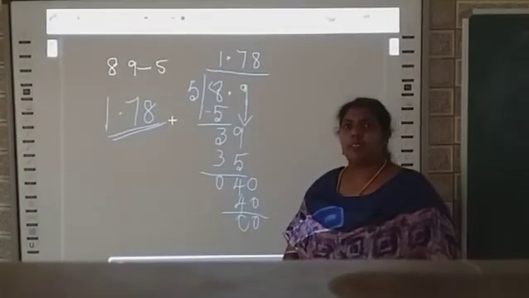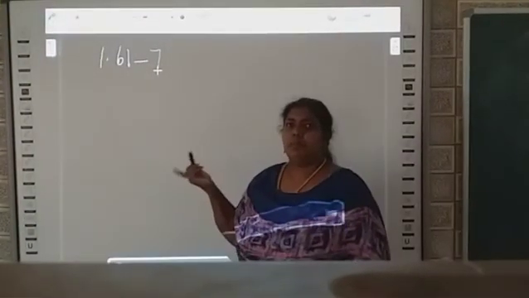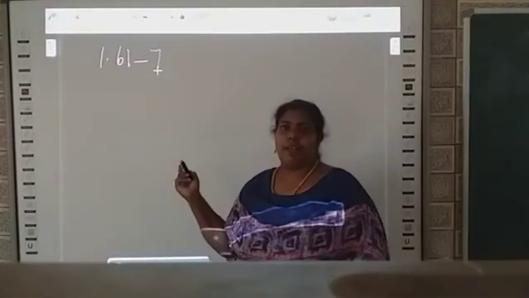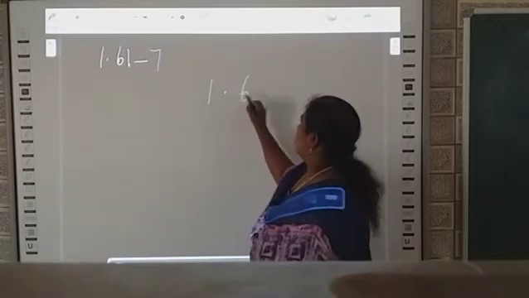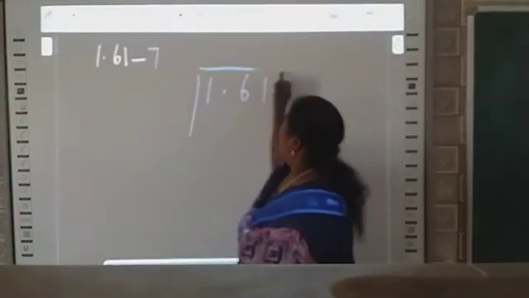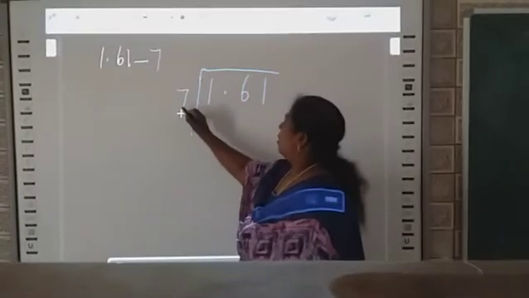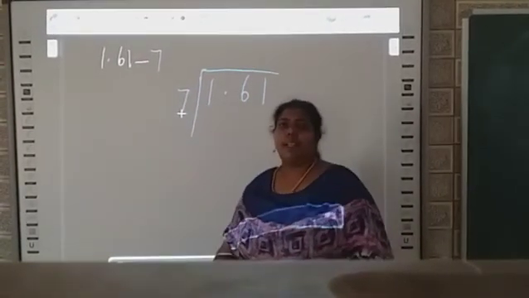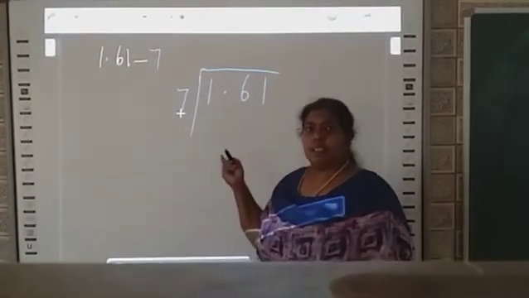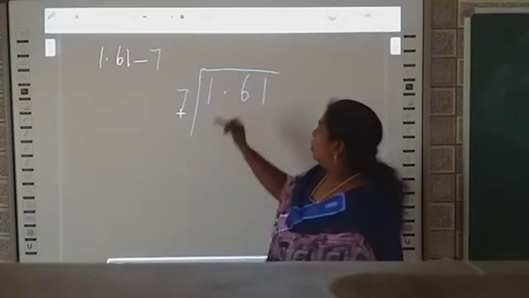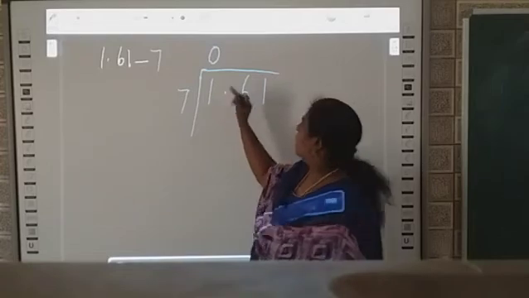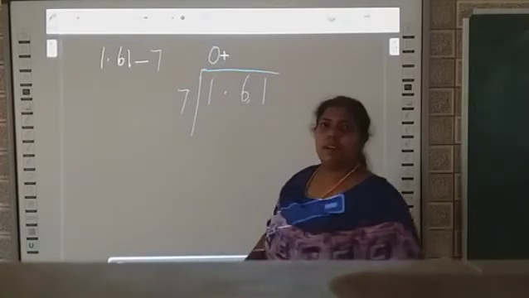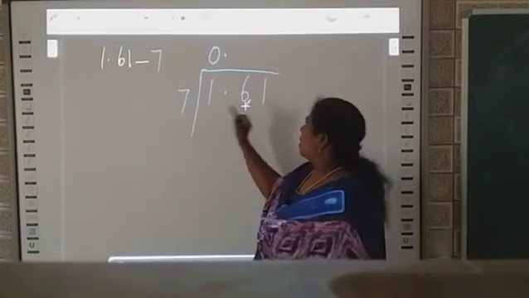Understand? The next example: 1.61 divided by 7. Compare these two numbers, the dividend and divisor. The dividend is the smaller value. So what we have to do? 0. Then take the next number. Then the decimal is there in the middle. Put the decimal. Now it is 16.